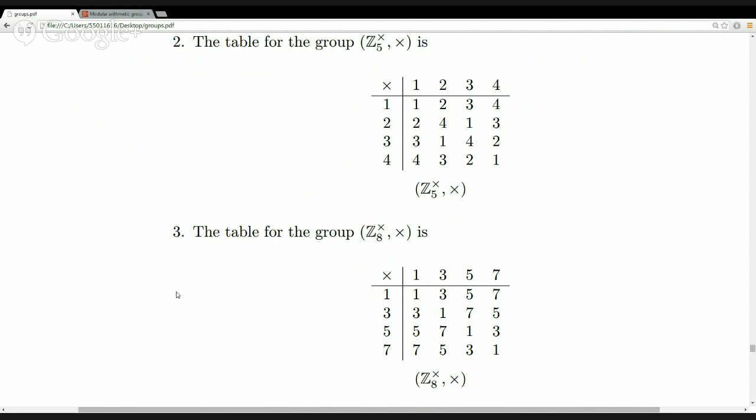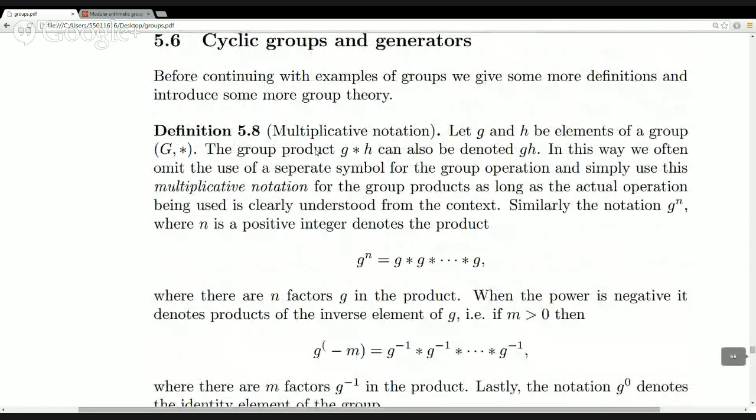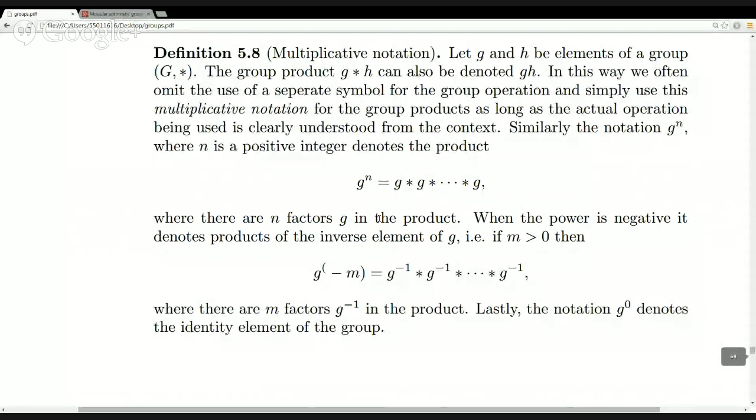Some other group ideas we want to talk about are, well, we have this notion of a cyclic group. So first of all here, in definition 5.8, you know the way that when we're talking about groups in the abstract, it's traditional to use the asterisk or star symbol to represent the operation.